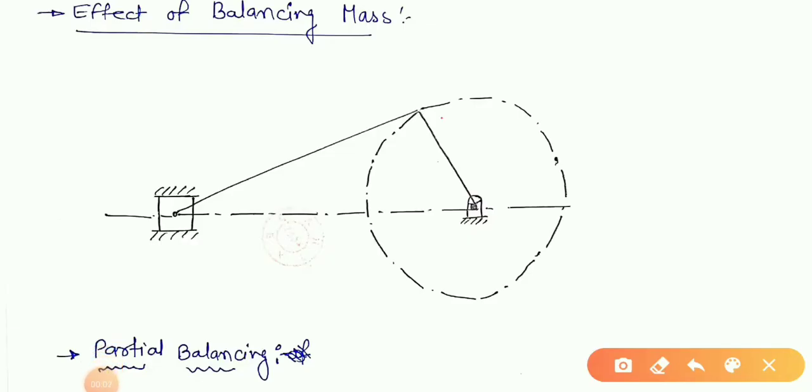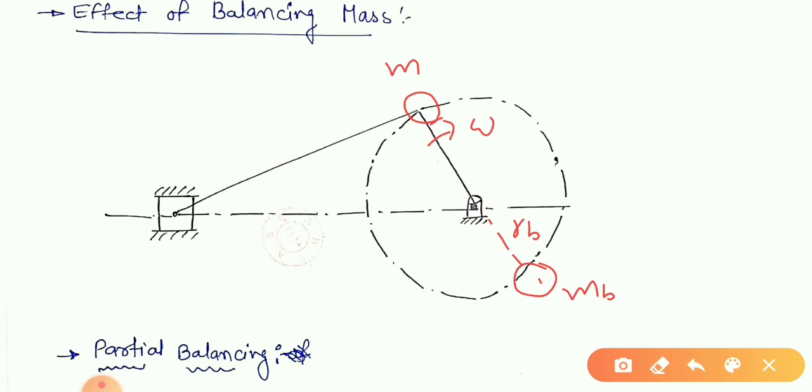So this is our unbalanced mass m at the crank center c, which is rotating with angular velocity omega, and we have to balance it, so we are adding the balancing mass m b at radius r b.